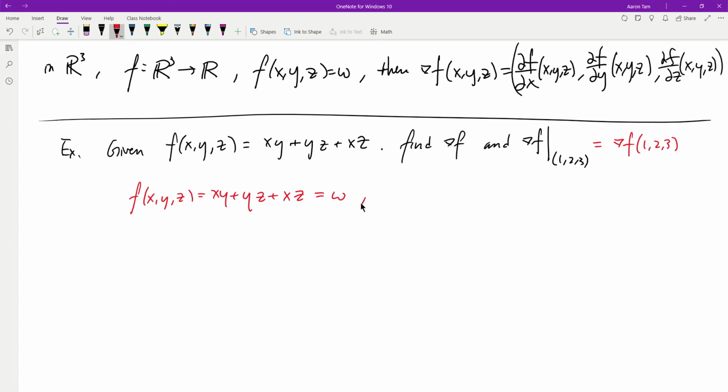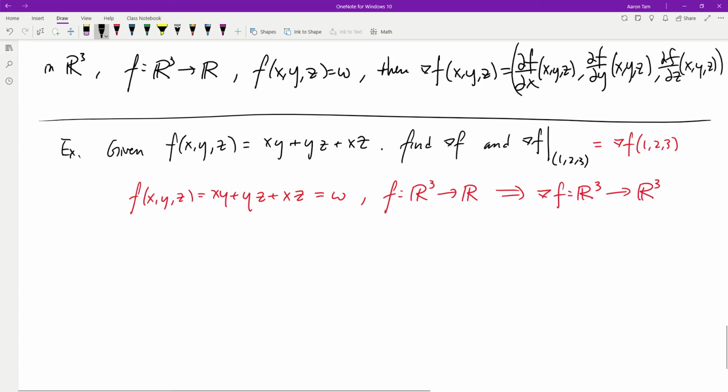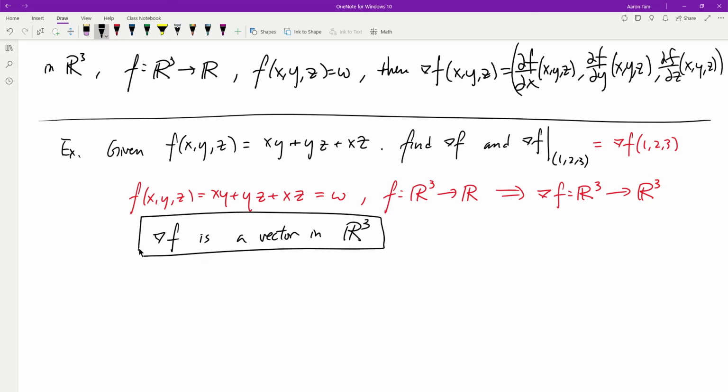And because of that, you can think of f as a function that maps from R3 to R. That implies the gradient of f maps from R3 to R3, which indicates that the gradient of f is a vector in R3. That's important because it means this vector has 3 things inside.